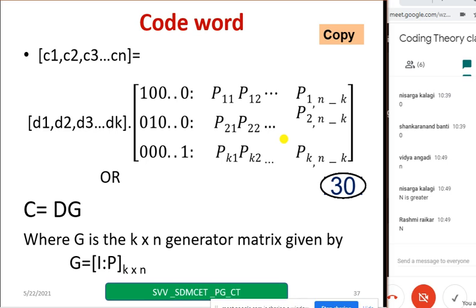C is equal to D into G, where G is the k cross n generator matrix and usually it is given by the identity matrix followed by the parity matrix. Another 5 seconds, then I will go to the next slide.